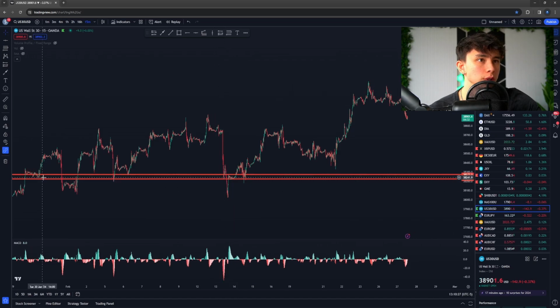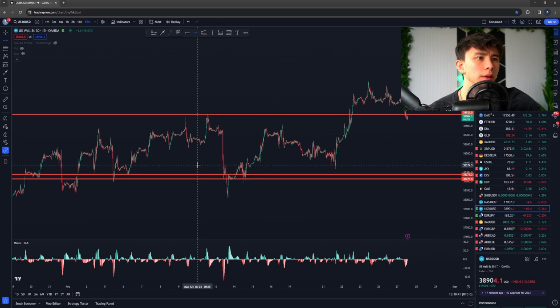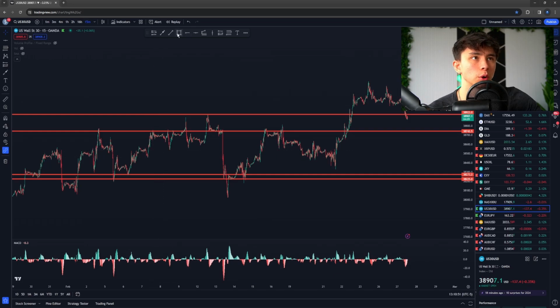Boom, boom. This will be a nice support, and then we can look up top and look for high areas like this, and then we can use this one here. This one has a lot of volume, or even this one right here has quite a bit of volume, so we can mark that there. So up here, this is going to be your resistance areas, and then down below this will be the support areas.